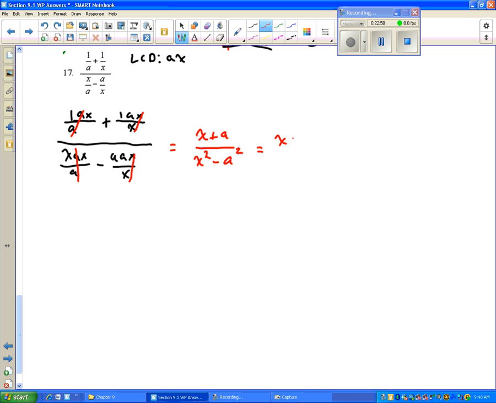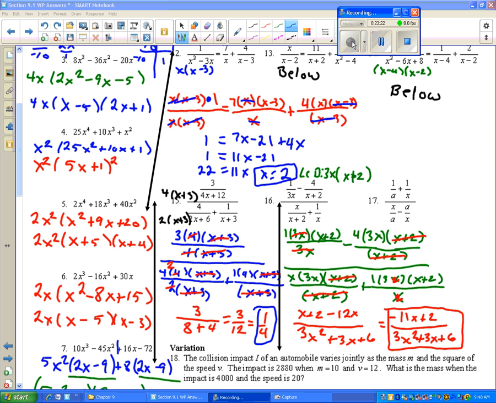If I continue, I have x plus a over x squared minus a squared is x plus a times x minus a, but my x plus a's cancel. So I get 1 over x minus a as my final answer.